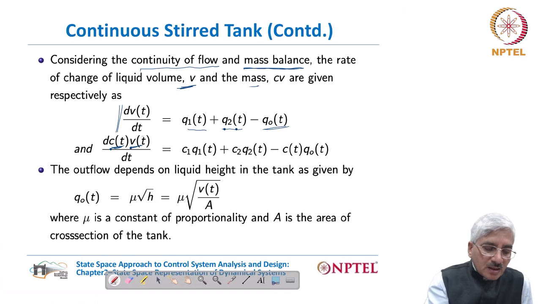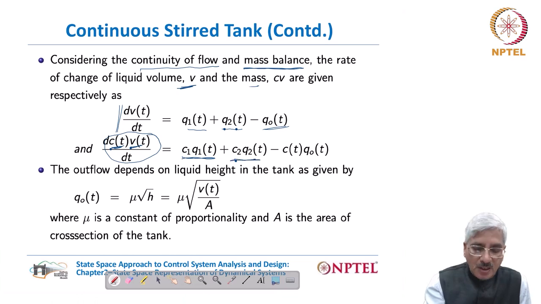The rate of change of mass will be equal to the mass flow rate entering, that is C1 times Q1 plus C2 times Q2. This is due to feed 1 and this is due to feed 2, minus the outgoing mass, which is C, the concentration, times the outflow rate, C times Q0. So thus we have these two differential equations.